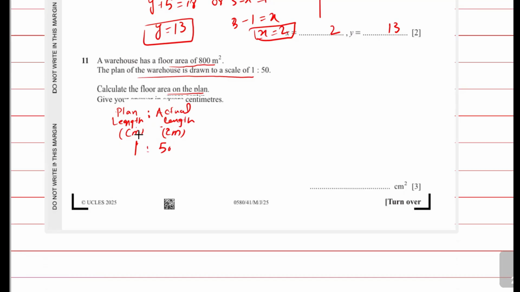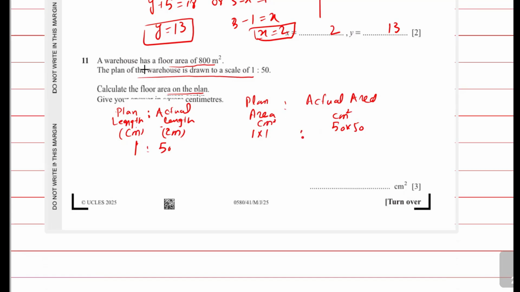And you can write this: plan area, ratio, actual area. If you take 1 square and 50 square, this is centimeter square, this is also centimeter square.